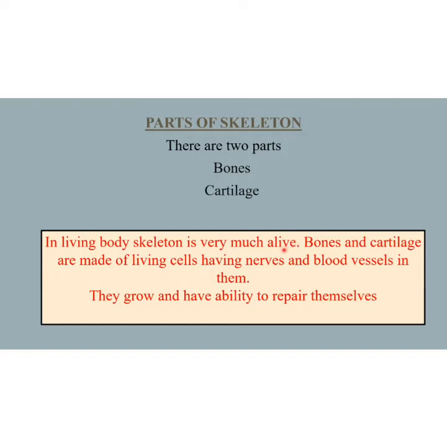That means the skeleton can grow and repair. Bones and cartilage are made up of living cells having nerves and blood vessels in them. They grow and have the ability to repair themselves.